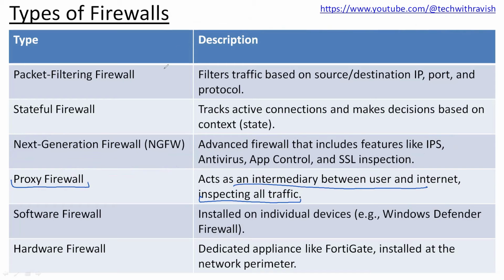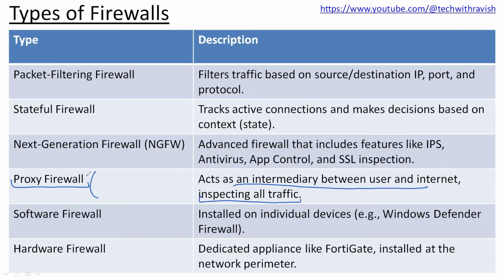It is a type of firewall that acts as an intermediate between the user and the internet. It handles the request on behalf of the user, adding some extra layer of security.